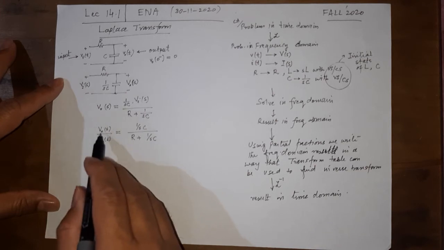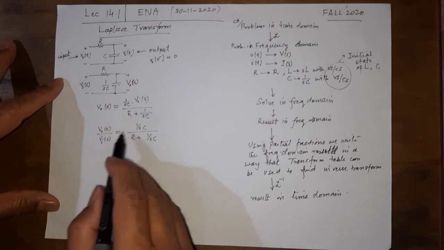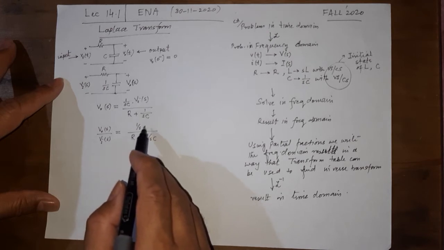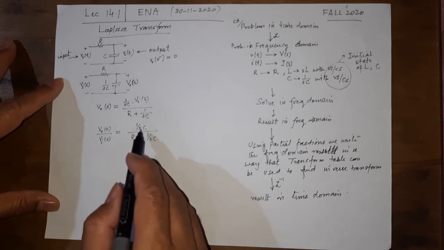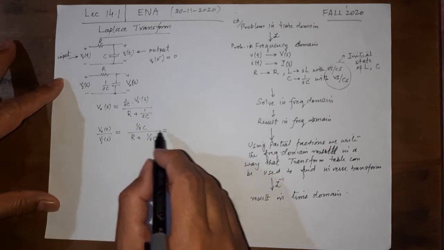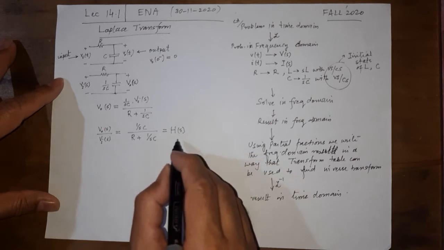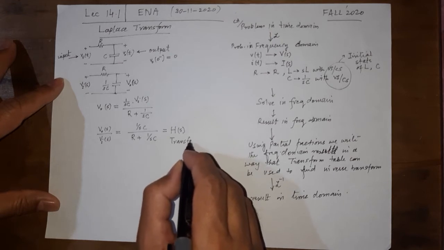So this ratio of the output to the input in the frequency domain gives us an expression that strictly depends on the components used in the circuit, and not on what the input is or what the output is. This has a very important role in circuit analysis, and we call this ratio the transfer function. So H of s is called the transfer function.